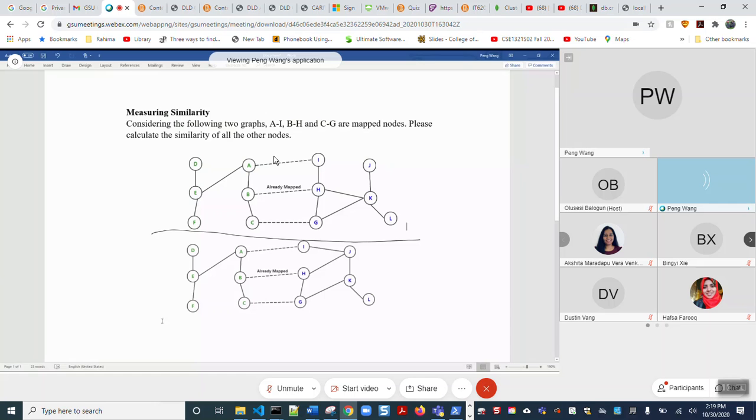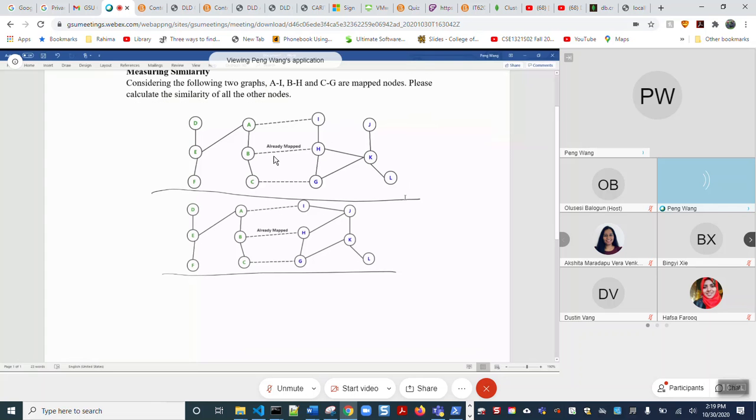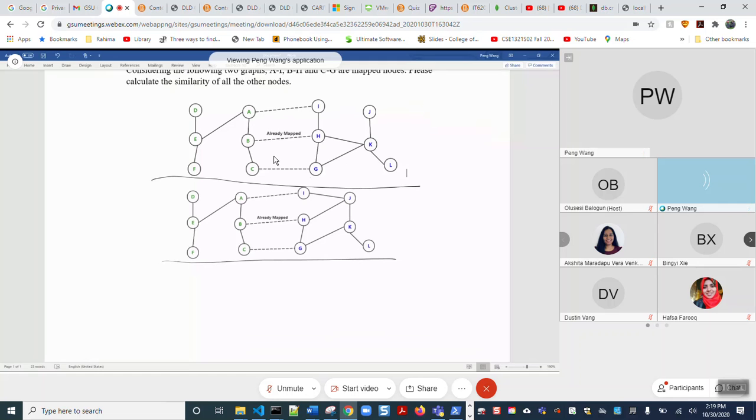And then let's calculate the second one. For the second one, we find that for the nodes D and F and K and L are pretty much the same. But for the nodes E and G, we can find that only G and E share the mapped node, and then we know the score.